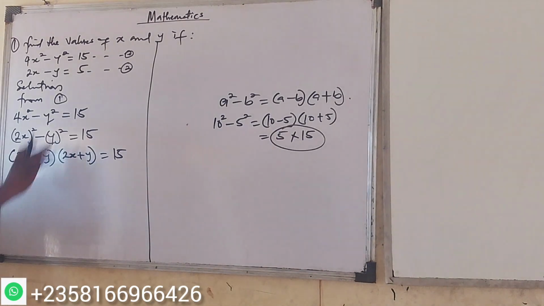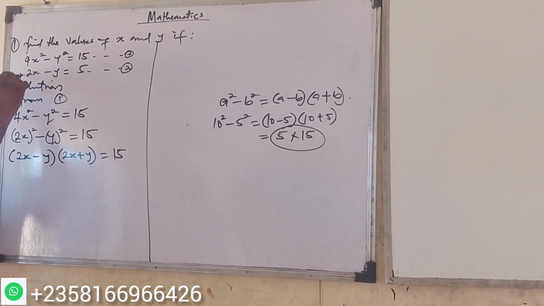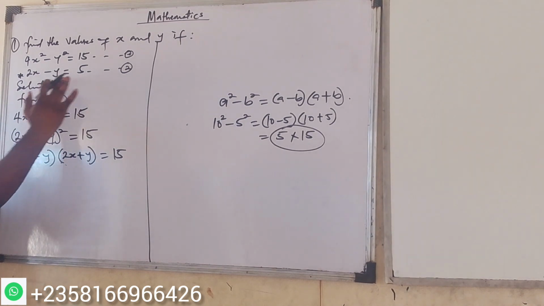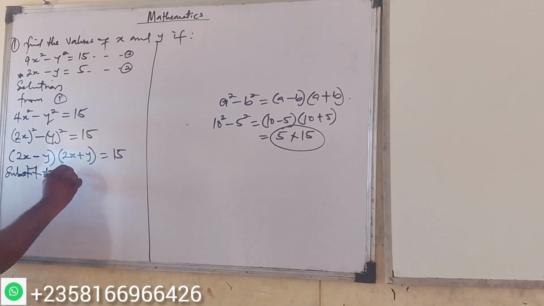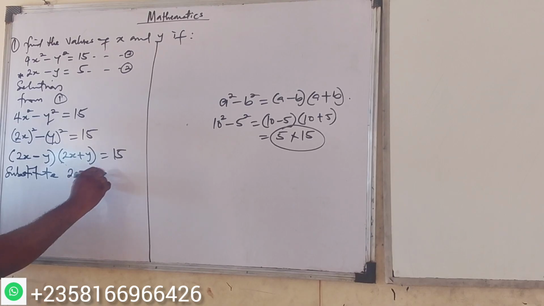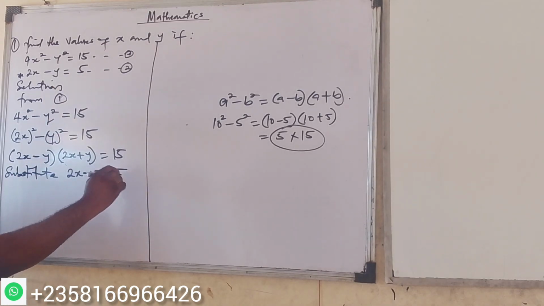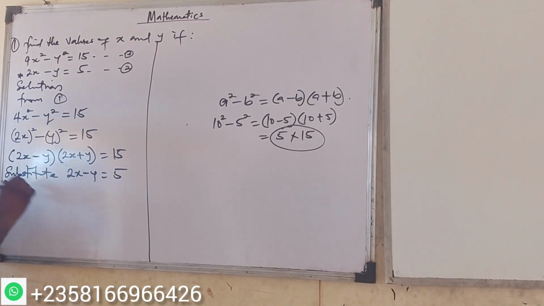If you look at equation 1 and equation 2, you will discover that equation 2, which is 2x minus y is equal to 5, is here in this particular equation. So let's substitute 2x minus y is equal to 5 into equation 1.